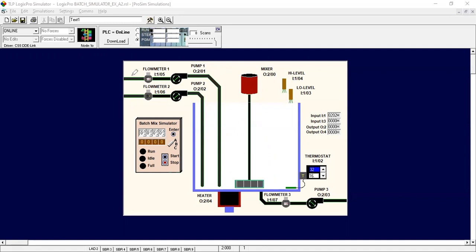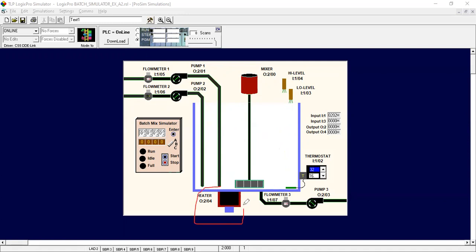Suppose in this flow meter we have liquid A, and in this one we have liquid B. When both flow meters are on and provide liquid to the tank, we get liquid A plus B, and our mixer mixes liquid A and B.